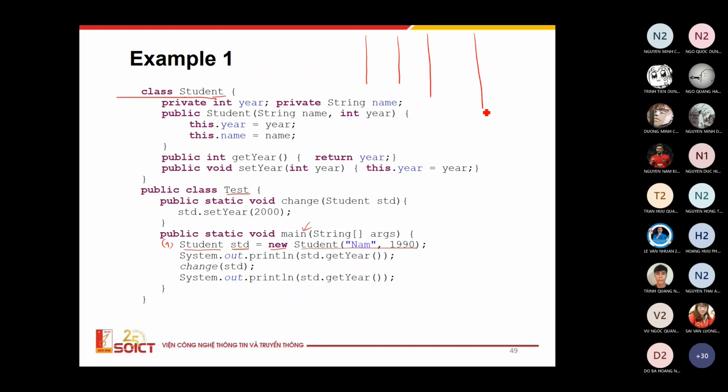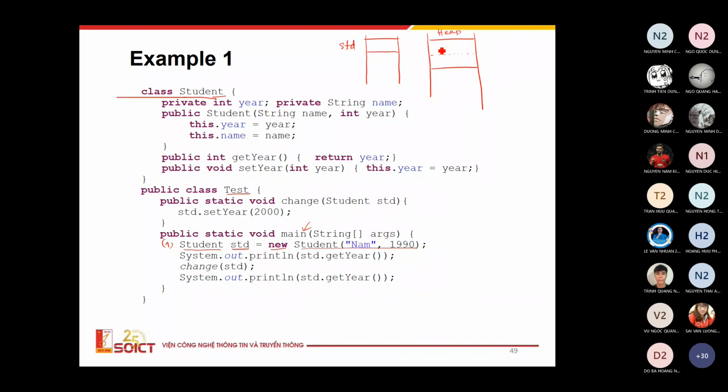Okay, so it will create something like this. This is std, a reference variable, and because we have the operator new, here in the heap memory it will create an object.